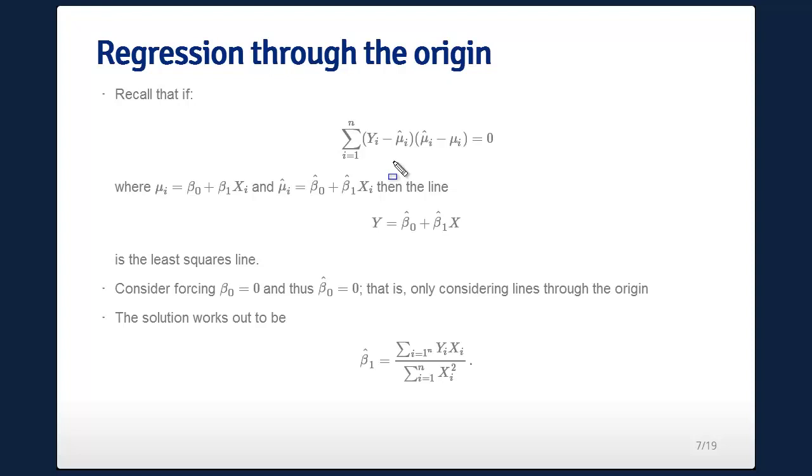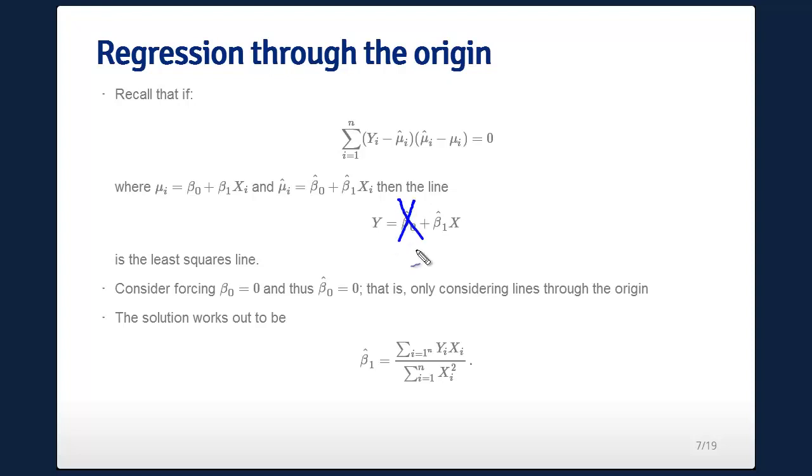Okay, so here, remember, we need to have this equation be equal to 0, where mu i is this and mu i hat is that, and then this guy will be the regression line. If now, instead of forcing beta 1 to be 0, we force beta naught to be 0, then we will have a regression line through the origin.